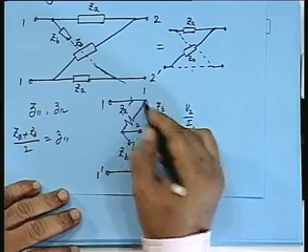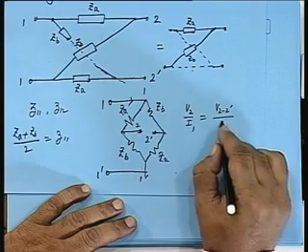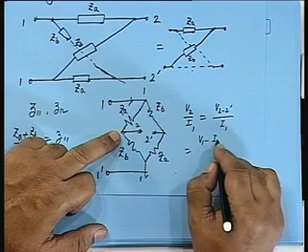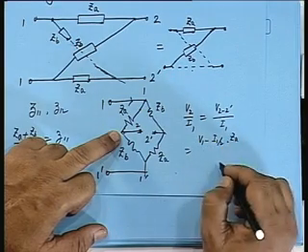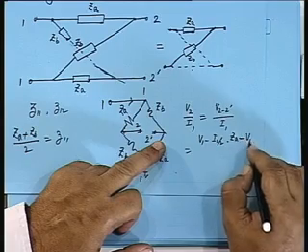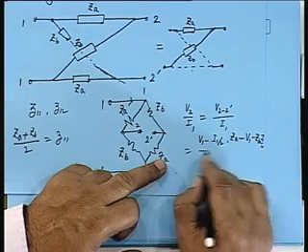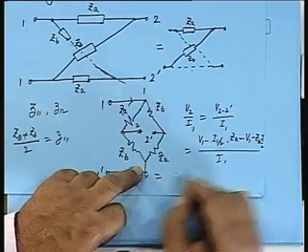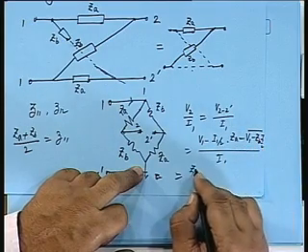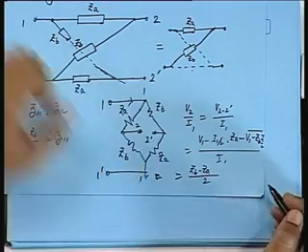V2 is V1 minus I1 by 2 into ZA, and 2 dashed is V1 minus ZB into I1 by 2, divided by I1. So, V1 gets cancelled. ZB, this is minus of this, ZB becomes plus. So, ZB minus ZA by 2.